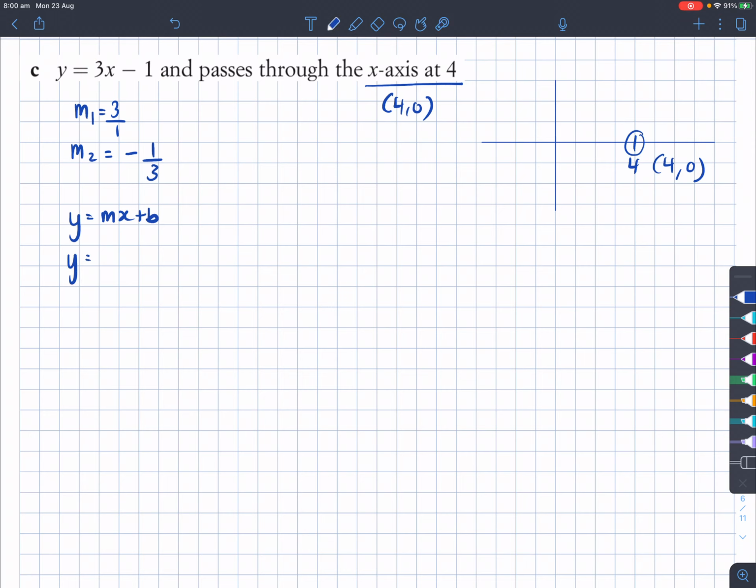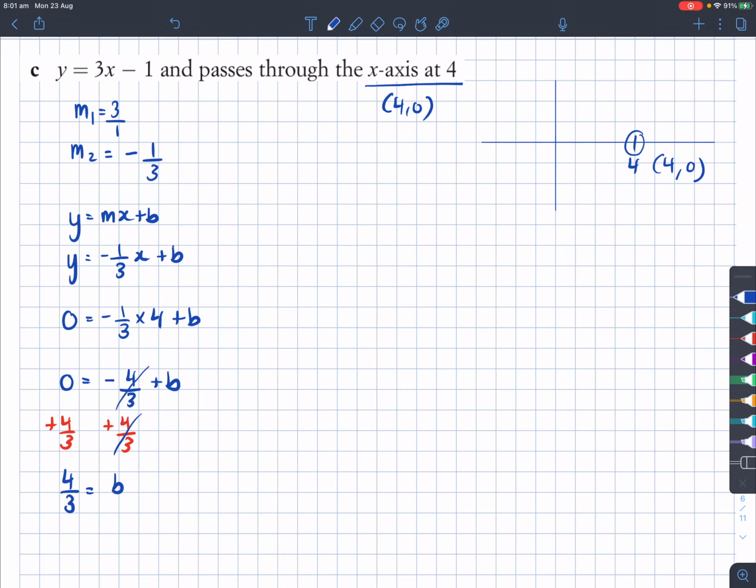So if we substitute in m as -1/3 in there, plus b, and then replace x by 4, y by 0, 0 would equal -4 over 3 plus b, which means that if we add 4 over 3 to both sides, we get 4 over 3 equals b.